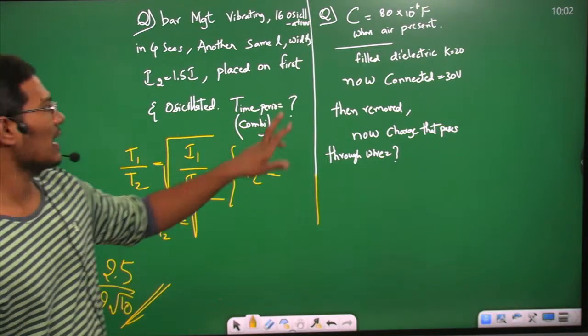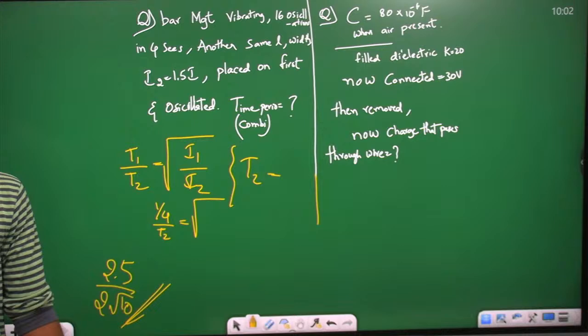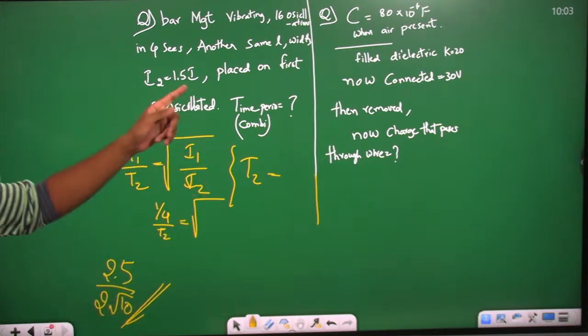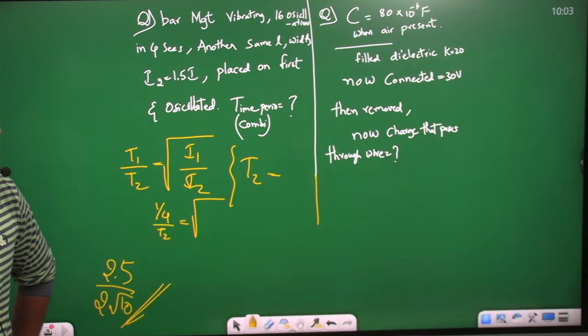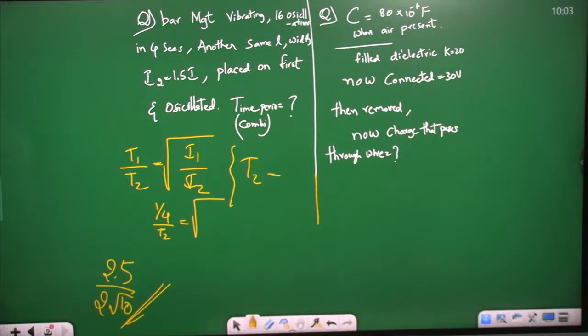So what is the charge stored when air is present? See, when you try to place a dielectric between a capacitor, will the amount of charge increase or decrease? Increases. So in case 1, when there is no dielectric, what is the charge stored? Q is equal to CV, right? Something you will get. So when the dielectric is placed, so into 20, so kCV.